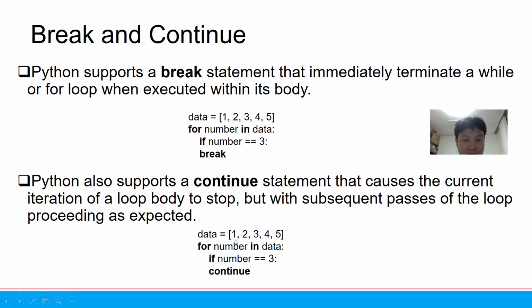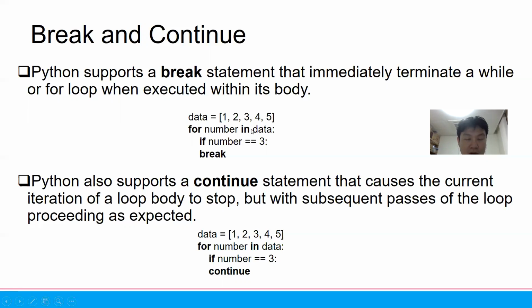This is the for loop for each number in data. After you run 1, you check if 1 equals 3, no, and then it goes to the next, 2 equals 3, no, and then 3 equals 3, yes. Because it is yes, you just continue. So the result will be 1, 2, 4, 5.